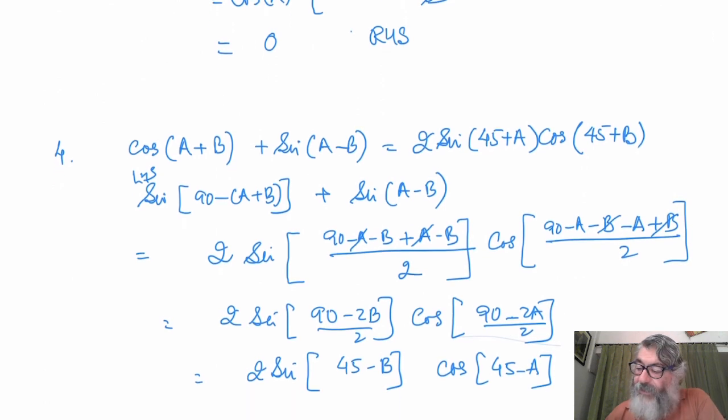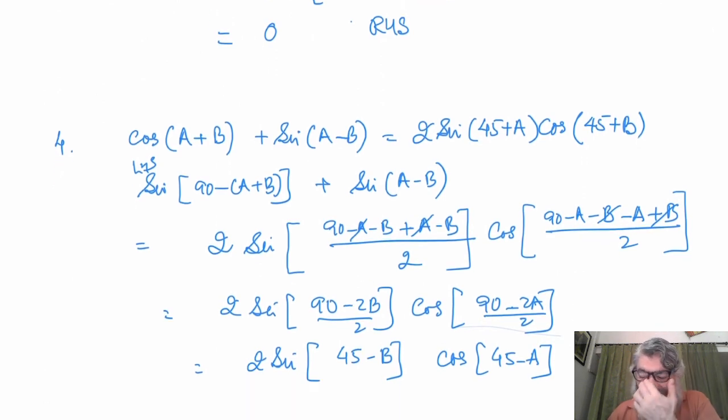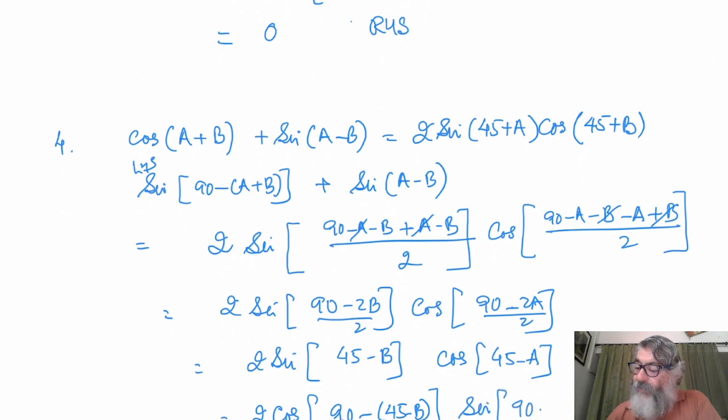Now, it was 45 plus B and it is cos, so I can write sin(45 minus B) as cos(90 minus (45 minus B)), which will become cos(45 plus B), and similarly cos(45 minus A) can be written as sin(90 minus (45 minus A)), which will become sin(45 plus A).